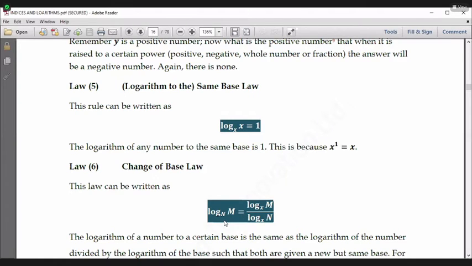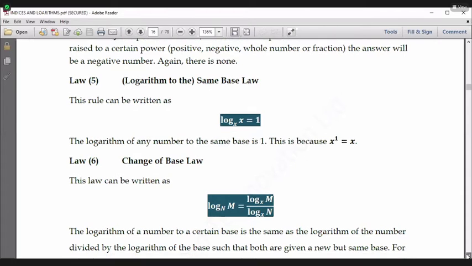Even if I go and press ln 7 divided by ln 3, what do I get? 1.771. Yes. So that is how to change the base so that we can have the same value for simplifying our work.